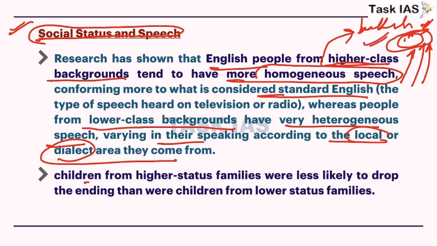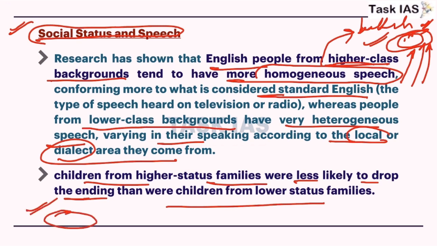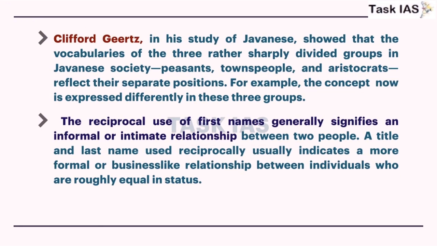Now, children from higher status families were less likely to drop the ending words than children from lower status families. When people, especially children, are in a hurry, they tend to drop last words. They try to focus more on the core content and speak only that much. This tendency is more among lower class people or lower class children as compared to higher class, again because of the higher standardization.